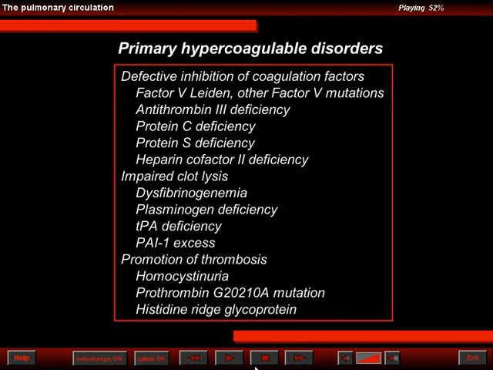The second is impaired clot lysis, such as seen with dysfibrinogenemia, plasminogen deficiency, TPA deficiency, and PAI-1 excess. And finally, promotion of thrombosis, as seen with homocystinuria, prothrombin G20210A mutation, and histidine-rich glycoprotein.